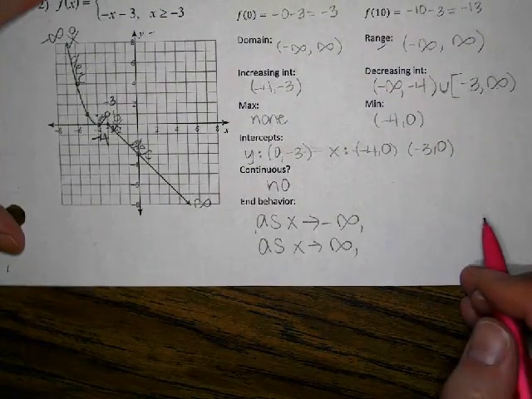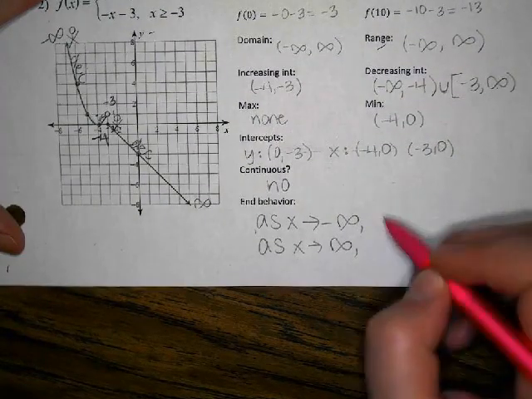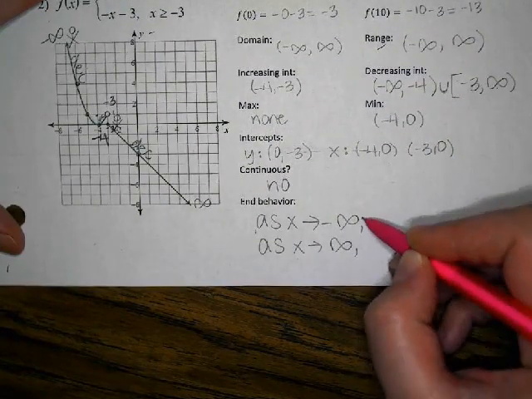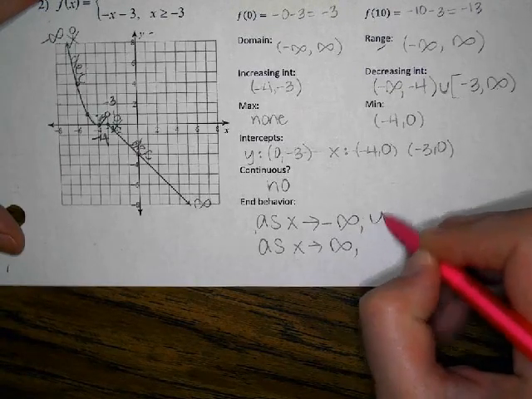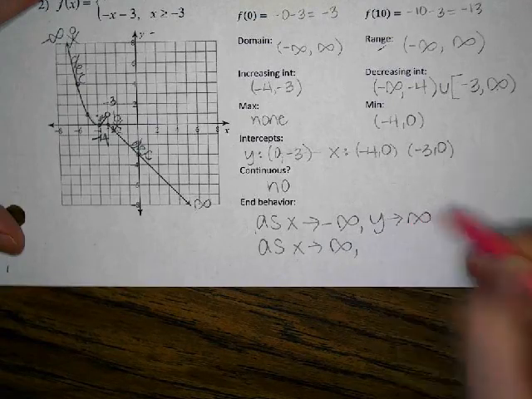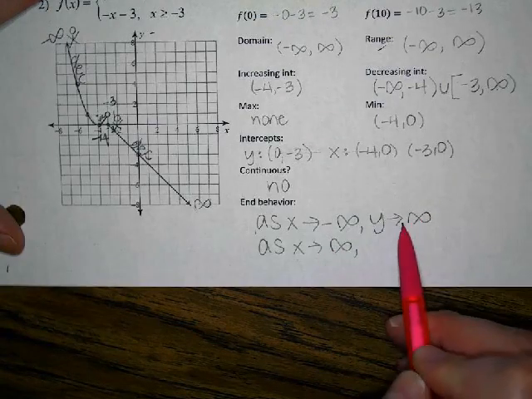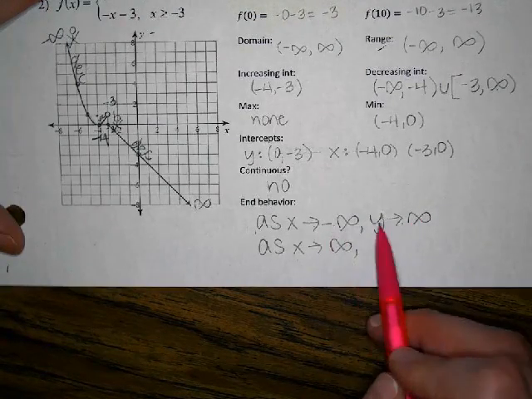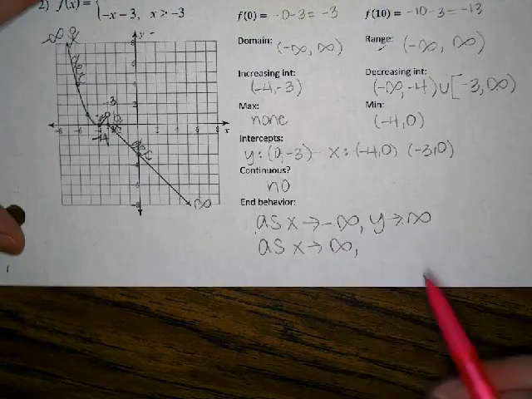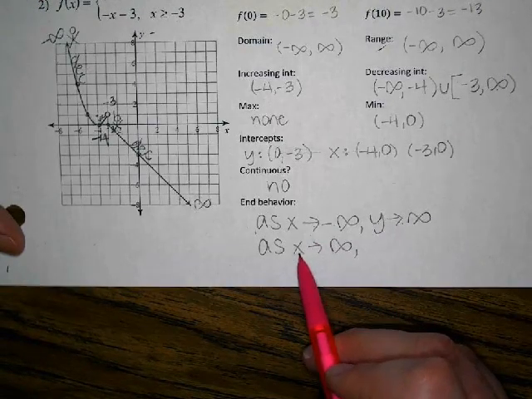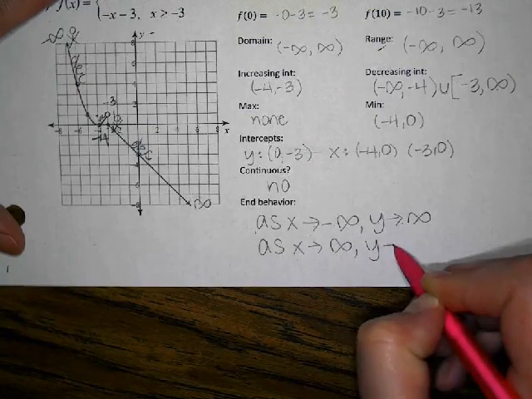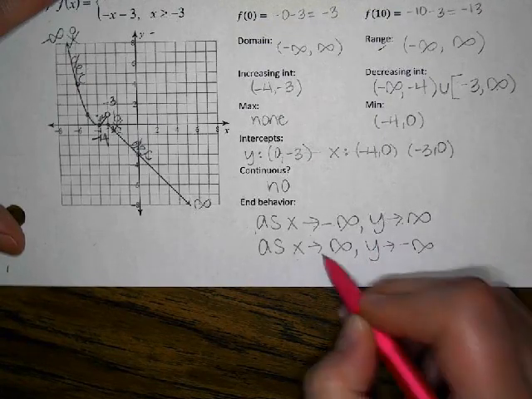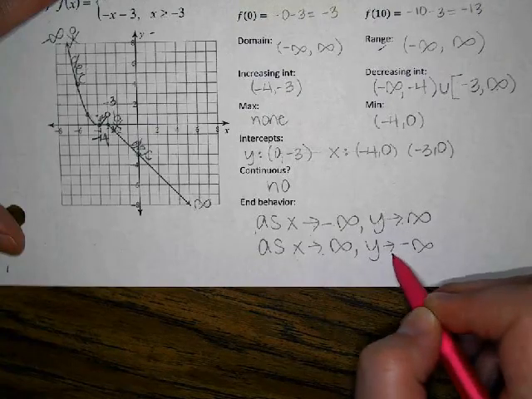So how do I write that the left arrow goes up? Y goes to positive. Left arrow goes up. X to negative, Y to positive. Now I want to say that the right arrow goes down. Y goes to negative. So X goes to positive, Y goes to negative. Left arrow up, right arrow down.